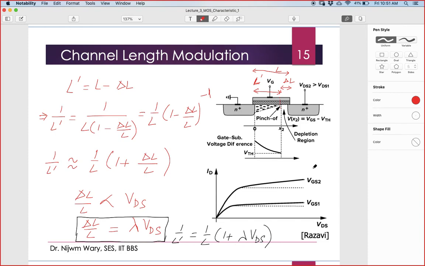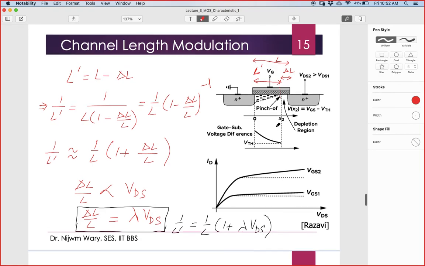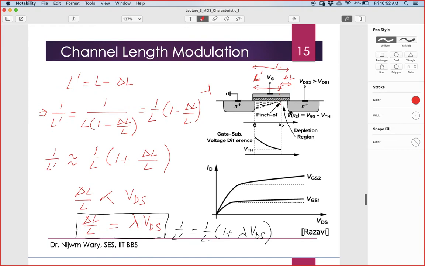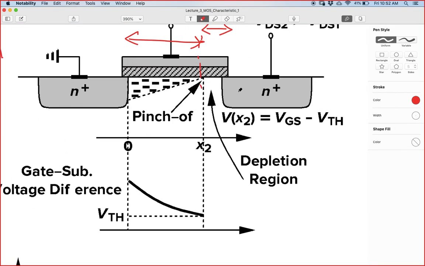So what happens is, there will be a channel. Definitely, it's not that there will be no channel. A small channel will form. So what happens is actually this is a PN junction. If we want to know this in more detail, you can read more about the PN junction.